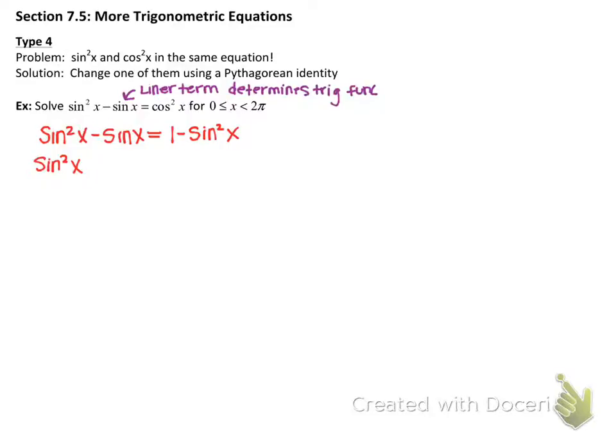So that means when I add sine squared, I'm actually going to have 2 sine squared x minus sine x minus 1. And I'm going to factor. So off to the side, I can factor. If I let u equal sine x, I have 2u squared minus u minus 1 equal to 0. So what multiplies to give you negative 2 and adds to give you negative 1?